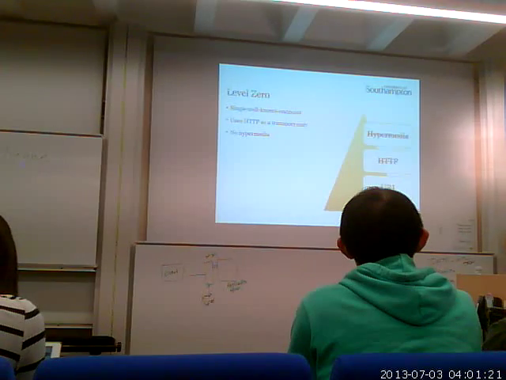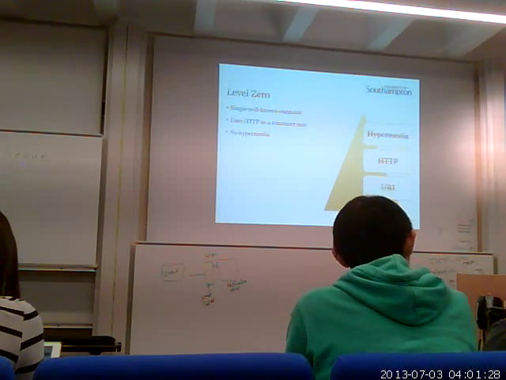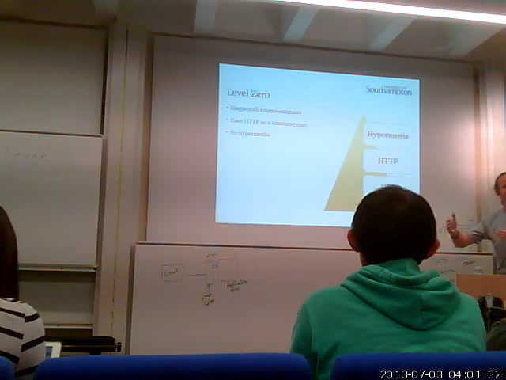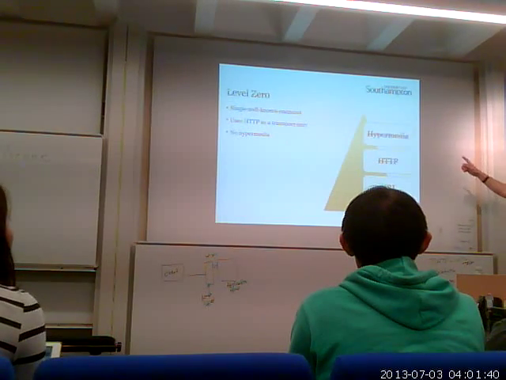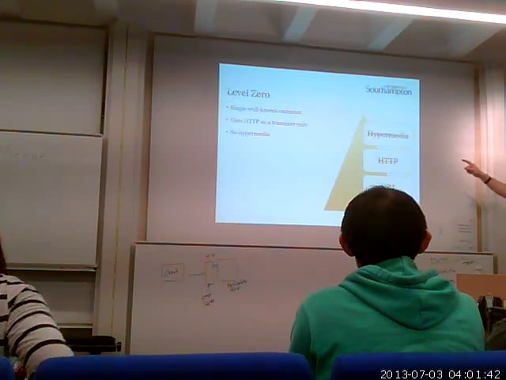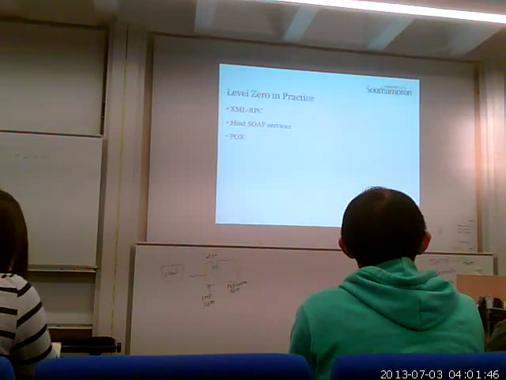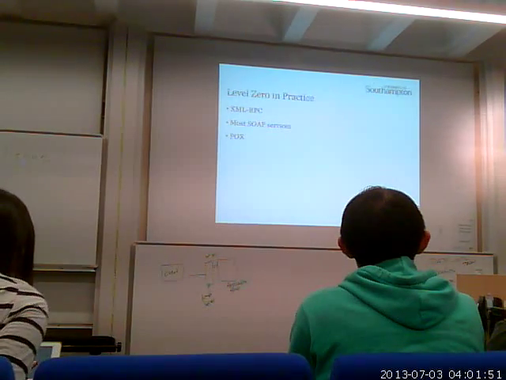We only use HTTP to communicate, and we'll see that we can actually use the power and expressibility of HTTP to do more than that. HTTP has more than just communicating with a thing or not. We'll see how we use that. And we don't use any hypermedia. Hypermedia is, actually, hypermedia as the engine of application state, and we'll talk about how these services use that. So where might you have seen this?